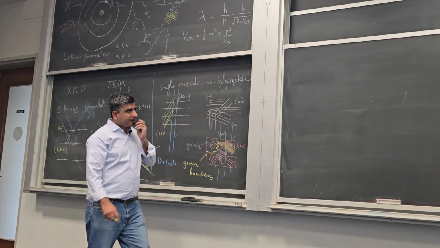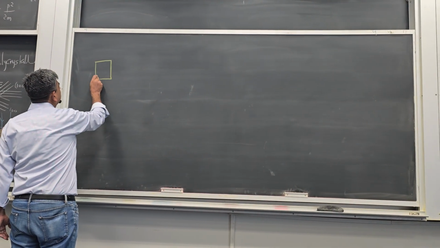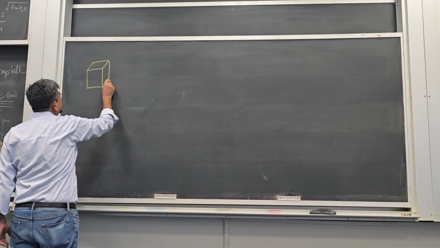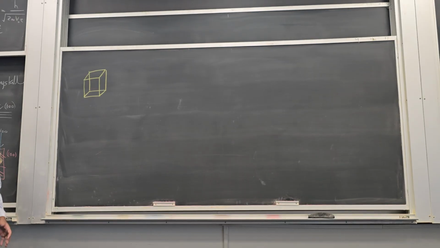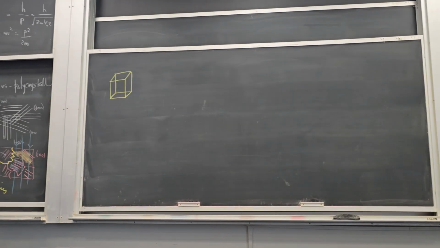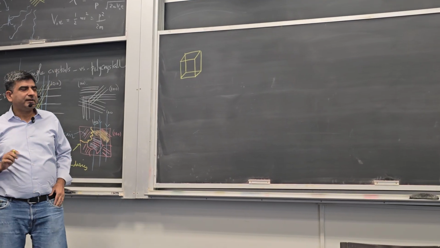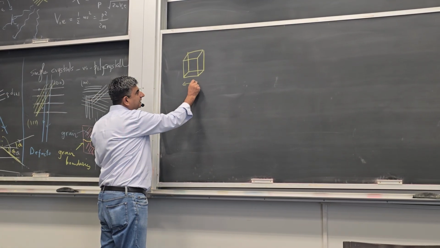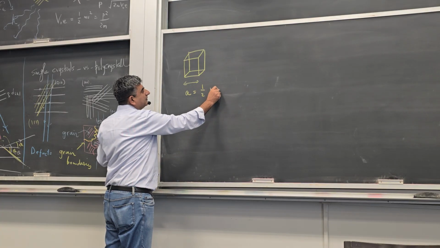Now let's look at an example. Suppose I have a cubic primitive crystal structure, unit cell, which is primitive cubic, and I have atoms at the edges, at the vertices. And suppose this is cubic, its a is 0.5 nanometers, okay?